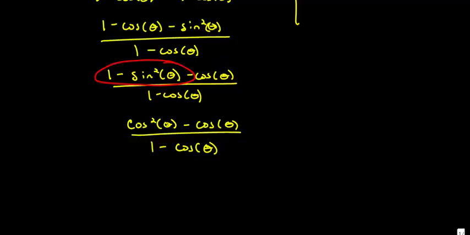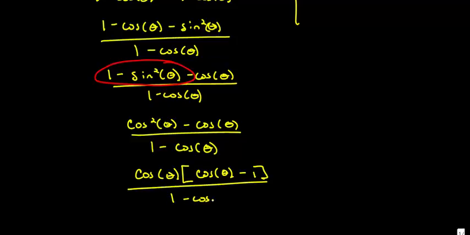So now I'm going to factor out a cosine here. So it's going to be cosine theta times the quantity cosine theta minus 1 over 1 minus cosine theta.